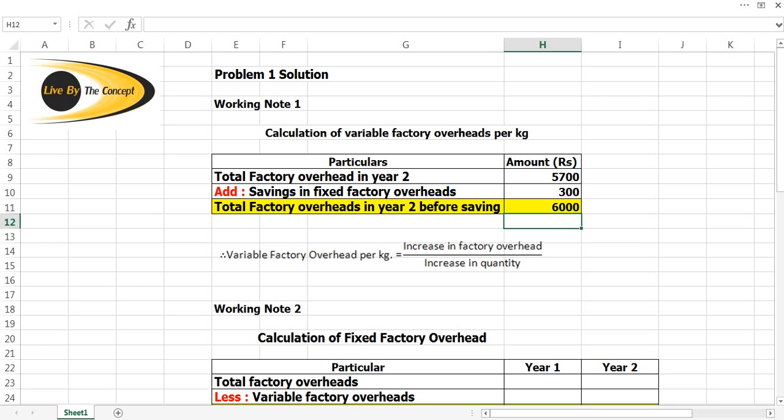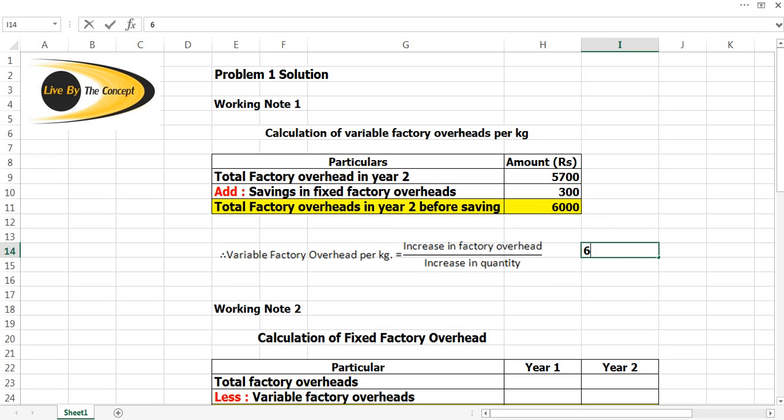Now we'll be using the formula through which we can bifurcate the semi-variable cost into variable and fixed portion. The formula is change in the cost divided by change in units. That same formula we have with variation, that is the variable factory overhead per kg equals increase in factory overhead divided by increase in quantity.